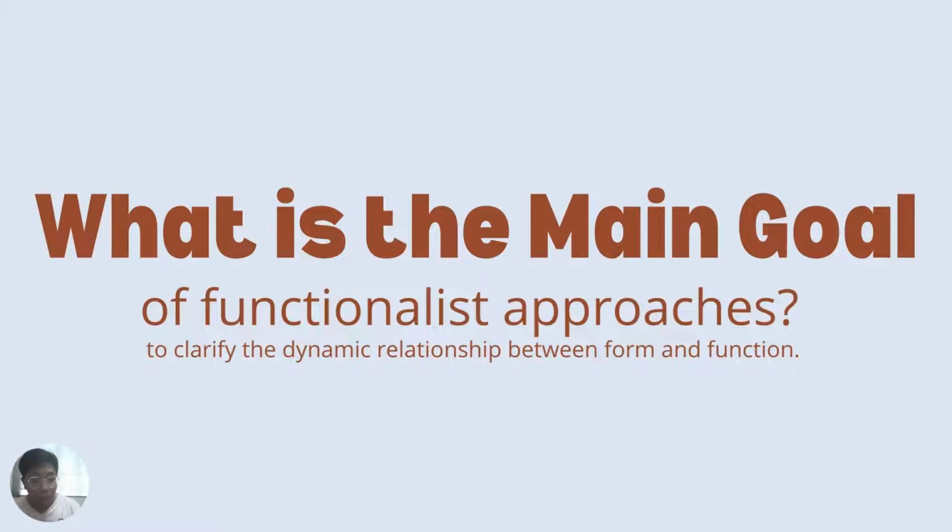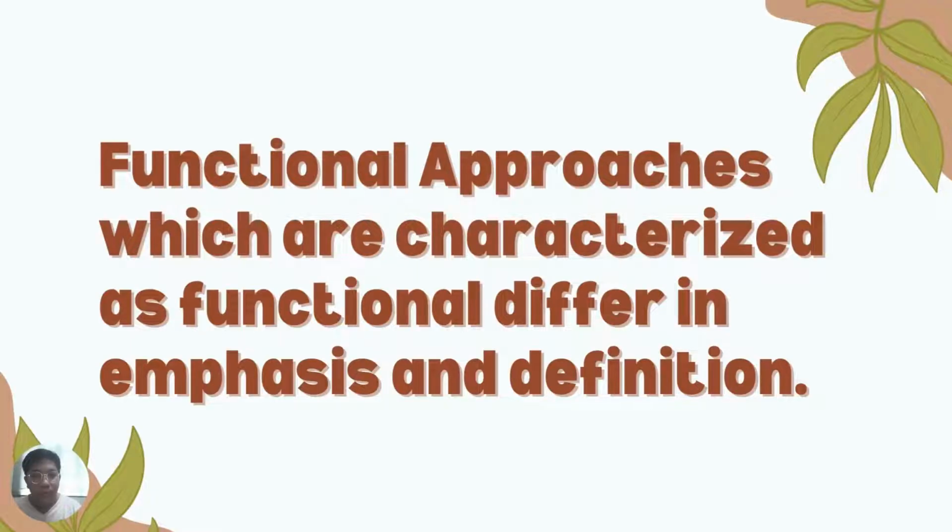Now, knowing the goal is to give clarity on the dynamic relationship between form and function, I would like to say that the functional approaches, which are characterized as functional, differ in emphasis and definition. When we say emphasis, this is something that we put our target on or focus on, something that highlights.